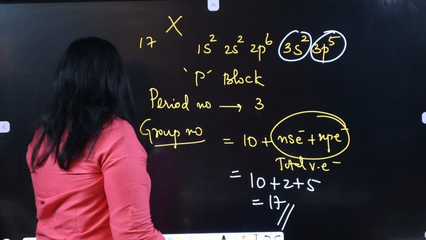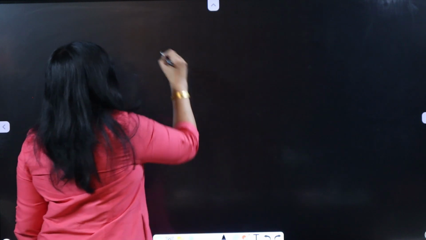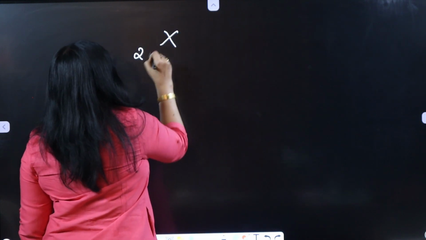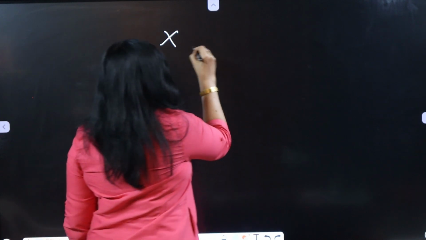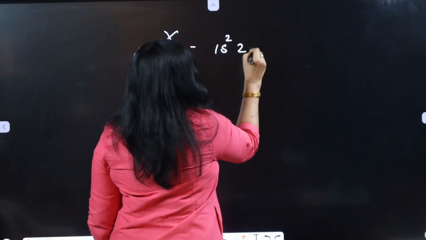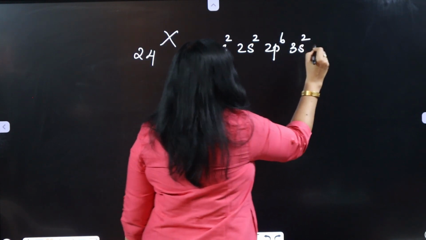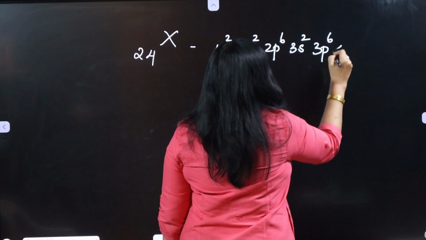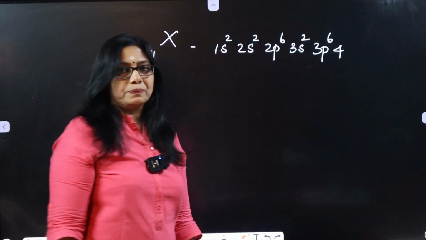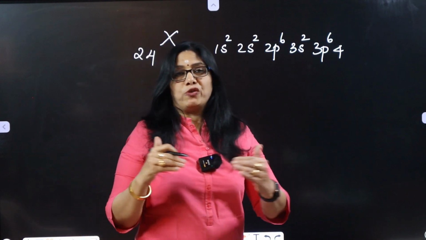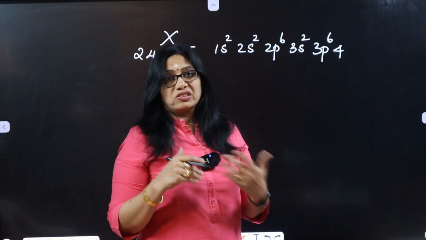Now, let's take another example. Atomic number 24. Let's write the configuration. 1s2, 2s2, 2p6, 3s2, 3p6, then you know it is 4s2 and 3d4, but there is rearrangement for stability, half filled and completely filled configuration stability.